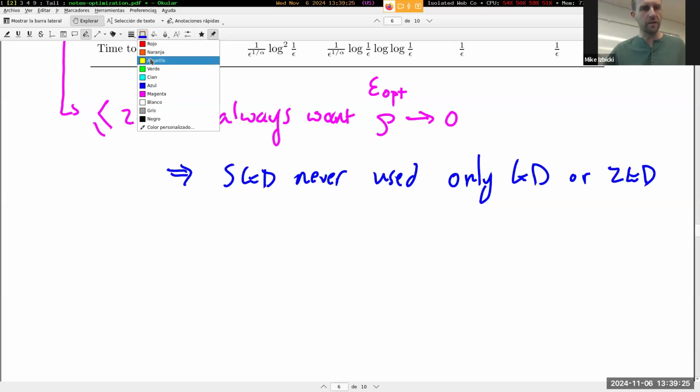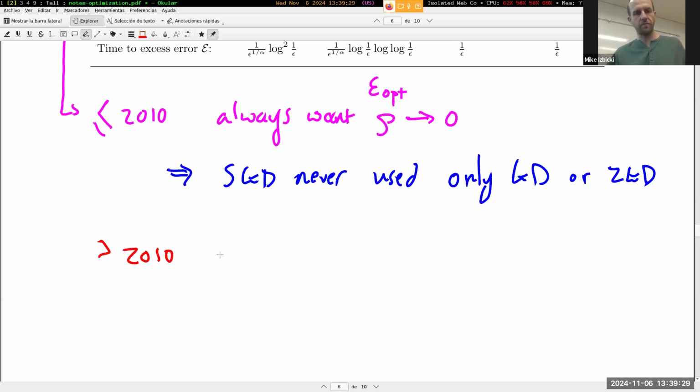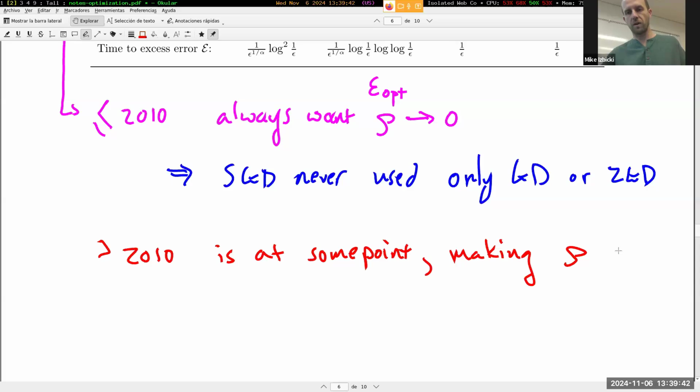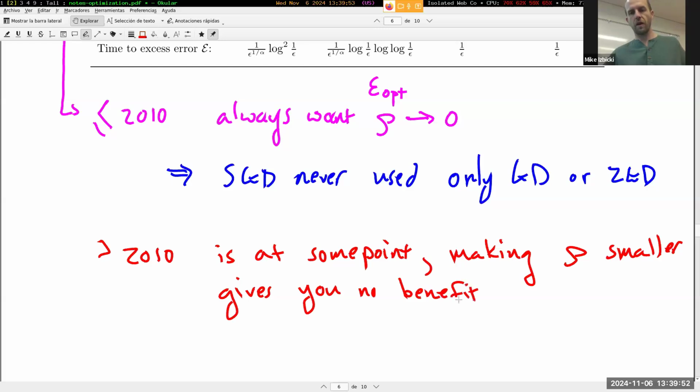So the realization is that at some point, making rho smaller gives you no benefit. And why is that the case?